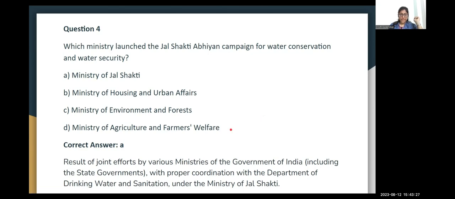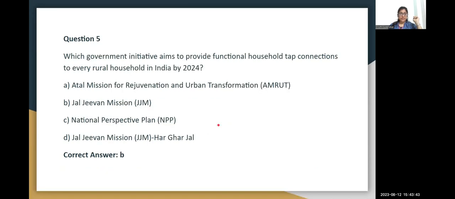It was also a joint effort between the Ministry of Jal Shakti, state governments, and the Department of Drinking Water and Sanitation.